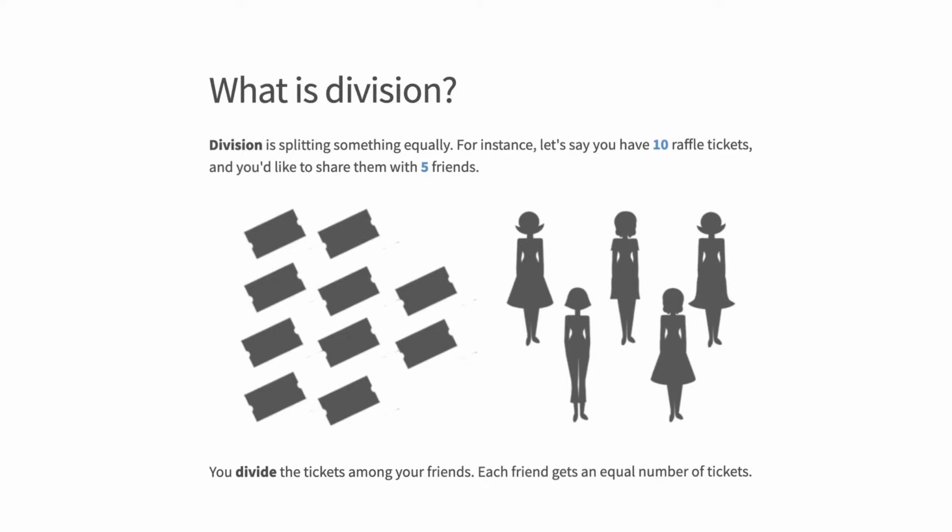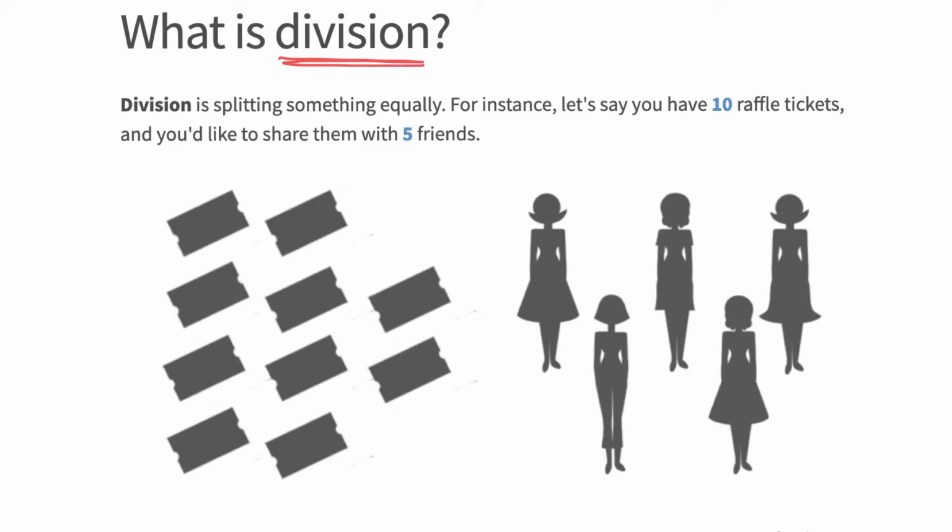Okay, so today we're looking at what's this word here? Division. So division is splitting something equally. For instance, let's say you have 10 raffle tickets and you'd like to share them with how many friends? 5 friends.